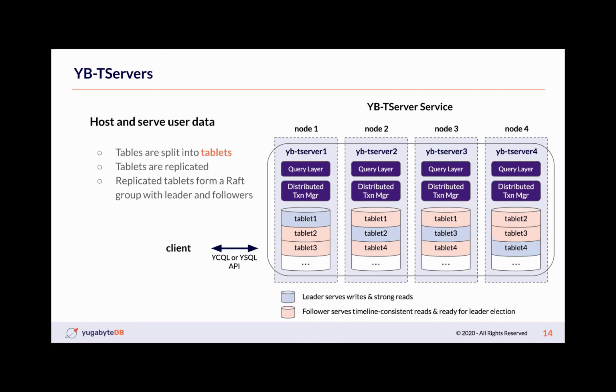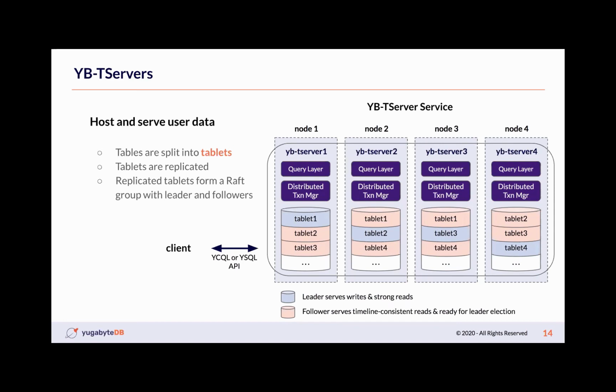Now the client interacts with the query layer, which then uses the transaction manager to address all of the data to fetch whatever data it needs or performs writes. Now the tablets in blue here are the tablet leaders, which serve strong reads, and the tablets in orange are the tablet followers, which serve timeline consistent reads, and in case of a failure can take over and become a new tablet leader.